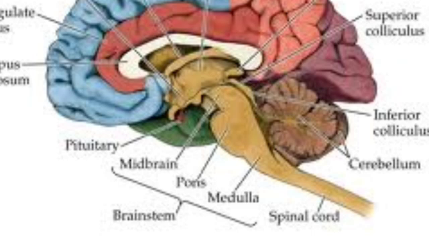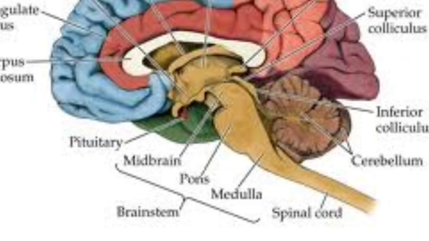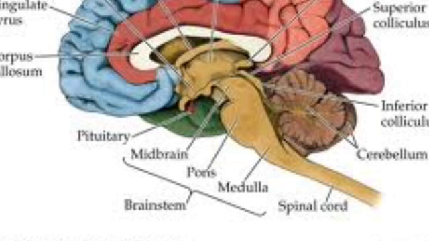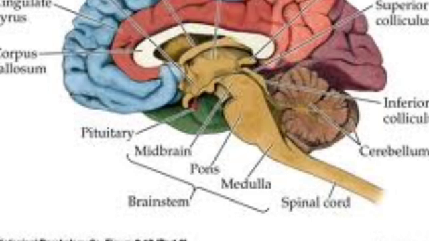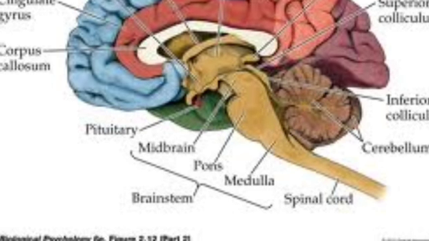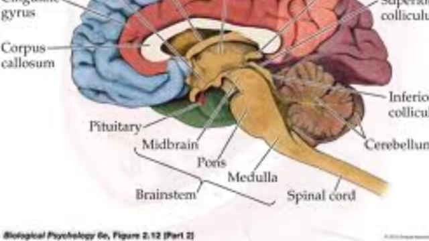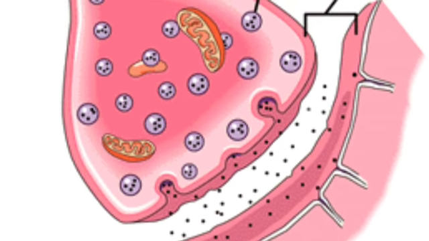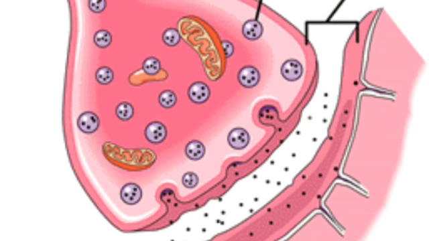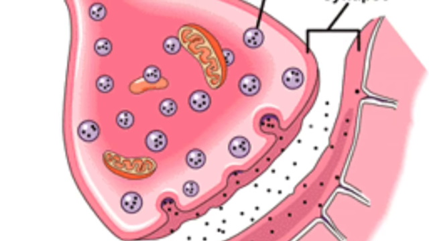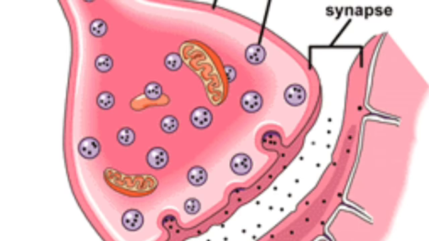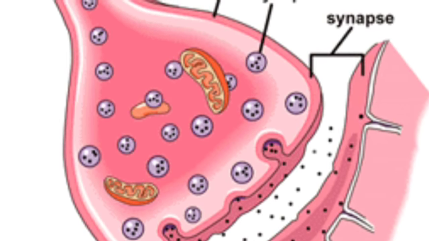Certain parts of the brain control things like breathing and your heart beating, and other parts of your brain control activities like thinking and analyzing. I really want to talk mostly about the synapses, how the electrons go from place to place within the brain, and also the area where you think and analyze.